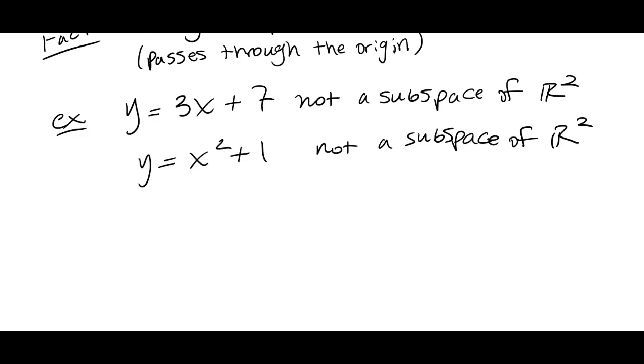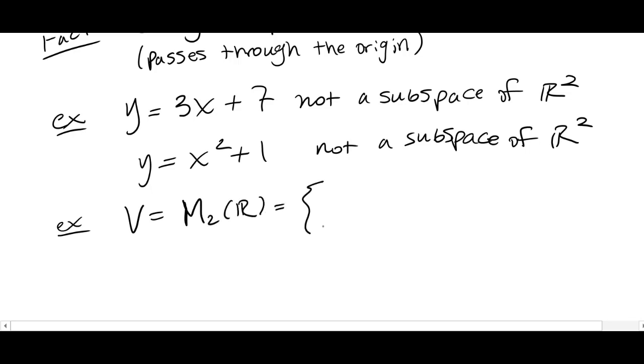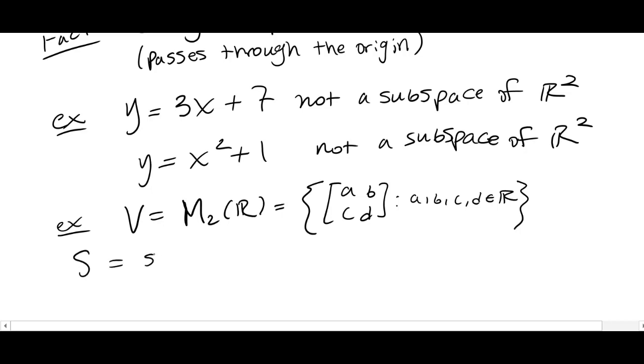So another example would be, say V is M2R, the set of all 2x2 matrices. And let S be the set of 2x2 symmetric matrices.